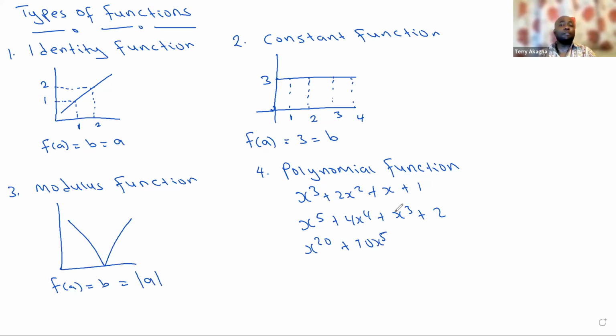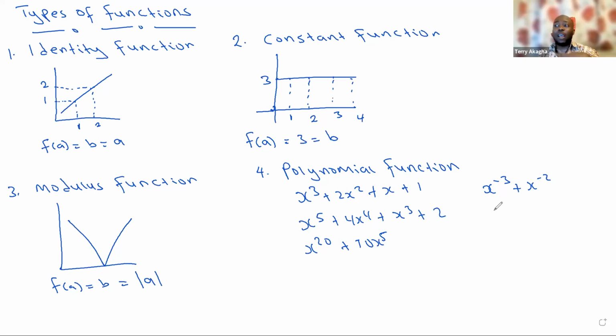So these are polynomial functions. That means you can see the integers are non-negative, okay? Please, something like x to the power of minus 3 is not a polynomial function, okay? Minus 2, you understand? It's not a polynomial function. It has to have a non-negative integer.